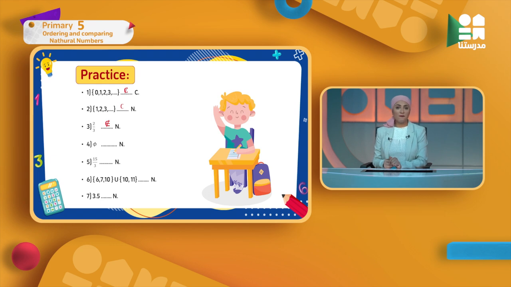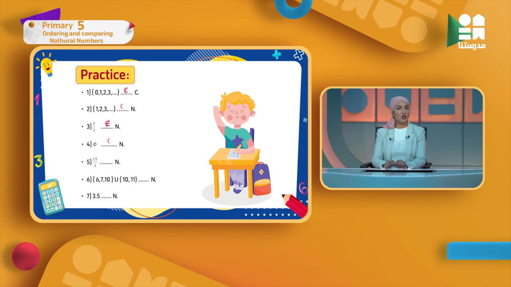Okay, so here phi and the set of natural numbers are sets, a relation between two sets, so I'll use subset or not subset. And as we said before, phi is a subset of all the sets in the world. So it is a subset.